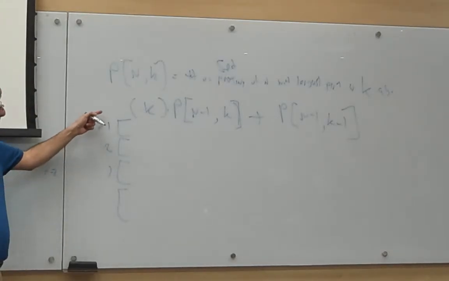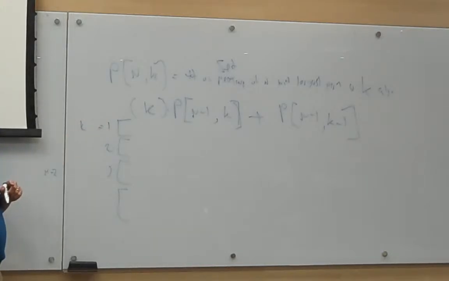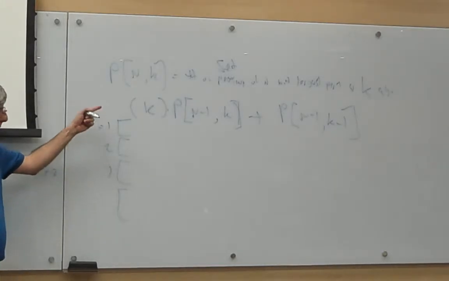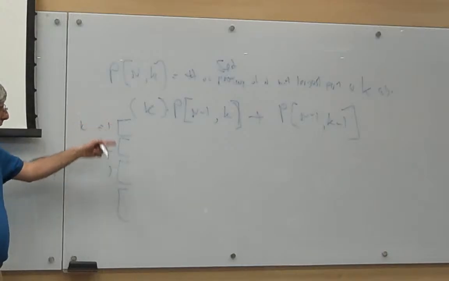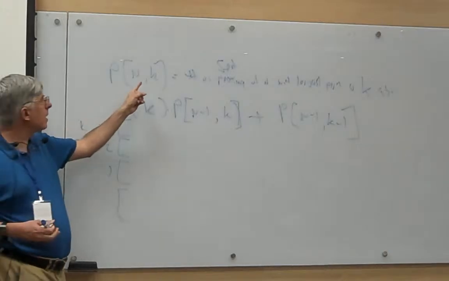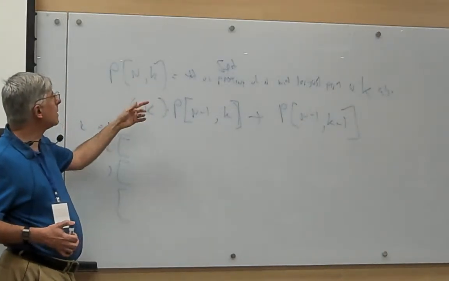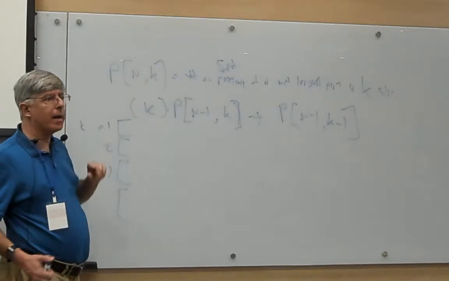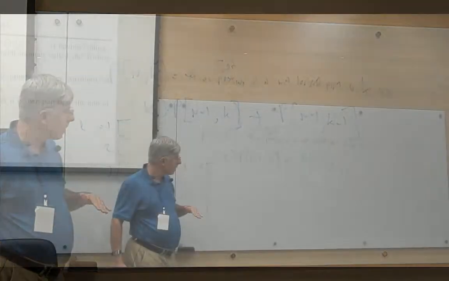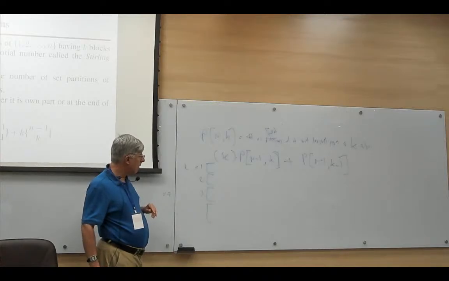If we come up with a running sum of these counts, we now have a way to... we need to know what's the total number of partitions. The total number of partitions is going to be equal to P of n,k as we sum that up as k goes from 1 to n.